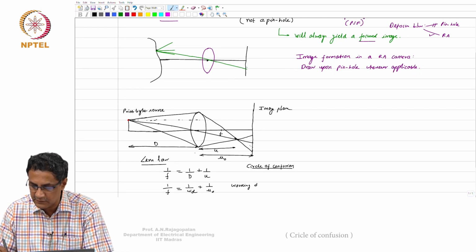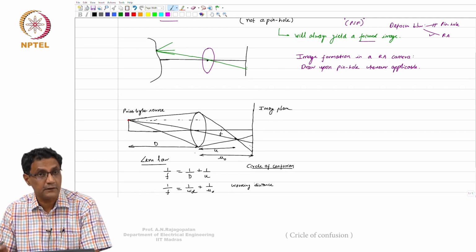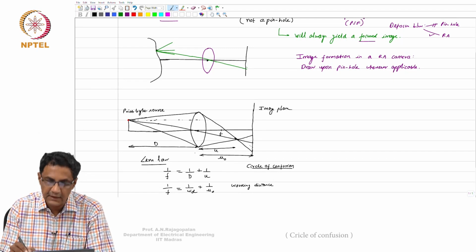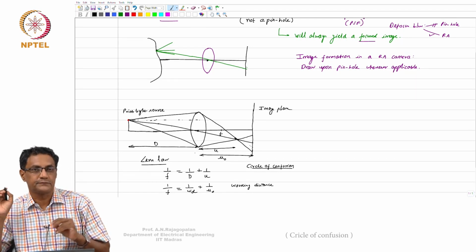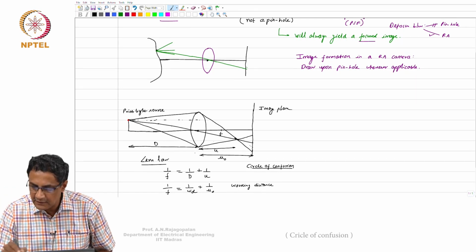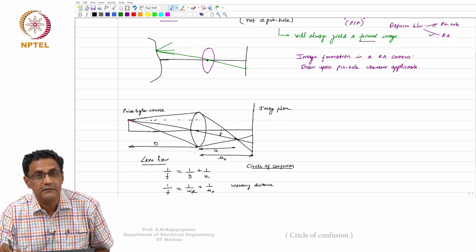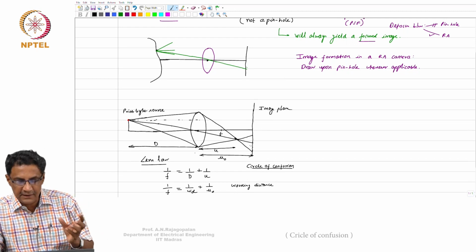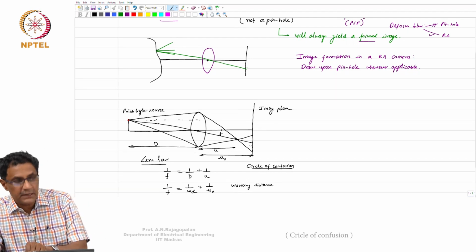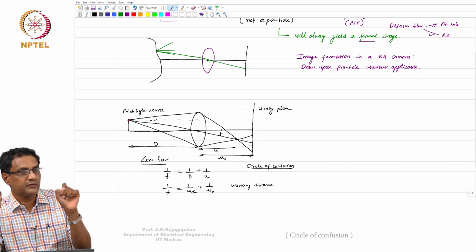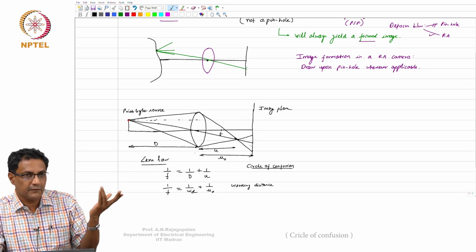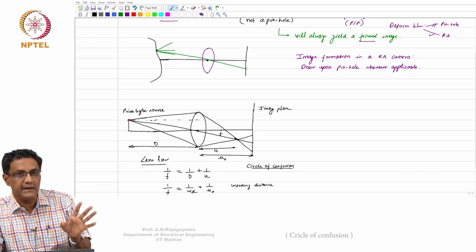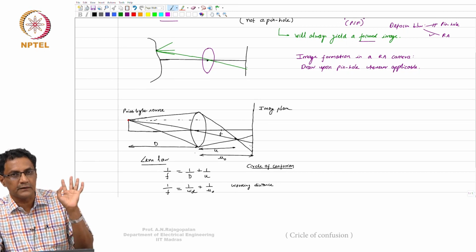It's called the working distance because if you place any object at WD from the center of the lens, then it will come in focus, because instead of converging elsewhere, the rays will all converge on the sensor plane. So ideally your point should have been at WD in order to see it in focus. But since you have not kept it at WD, you have kept it at some other d, it's coming out as blurred.